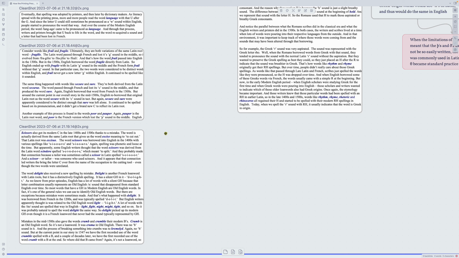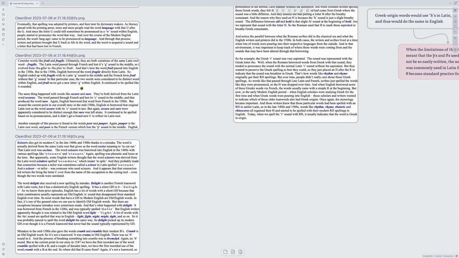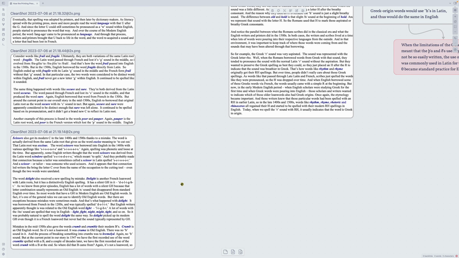So even words that weren't mistakes, obviously, they would be spelled with new spellings that people weren't familiar with. And then here are just some more examples of mistakes that happened because of mistaken etymology. Scissors, for example, were conflated with a word that means to cut, but that was not the right call.